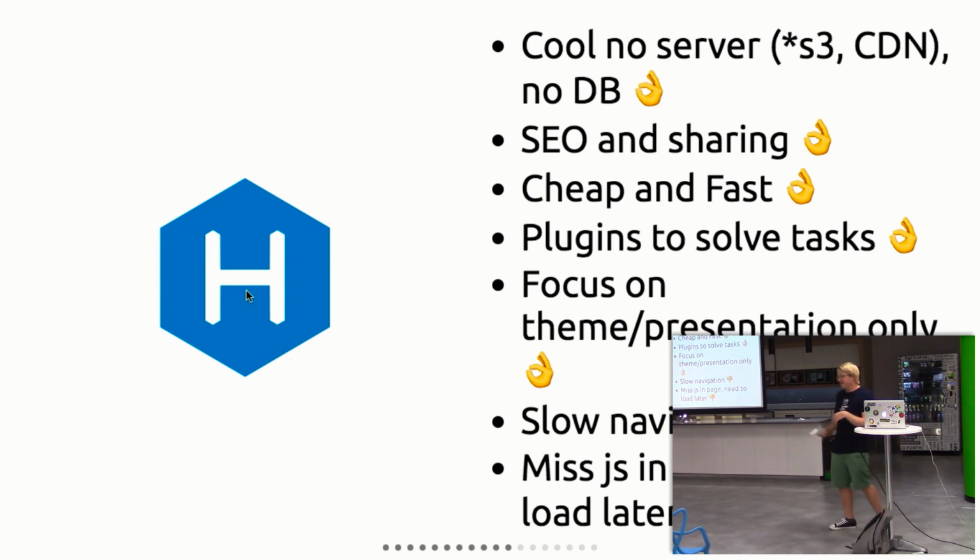So, going from that Gulp thing, I decided to actually use a static site generator, and the one I chose was Hexo. I chose Hexo because it was made in JavaScript, and it was fun, and it wasn't Go, and I didn't have to learn anything too new.